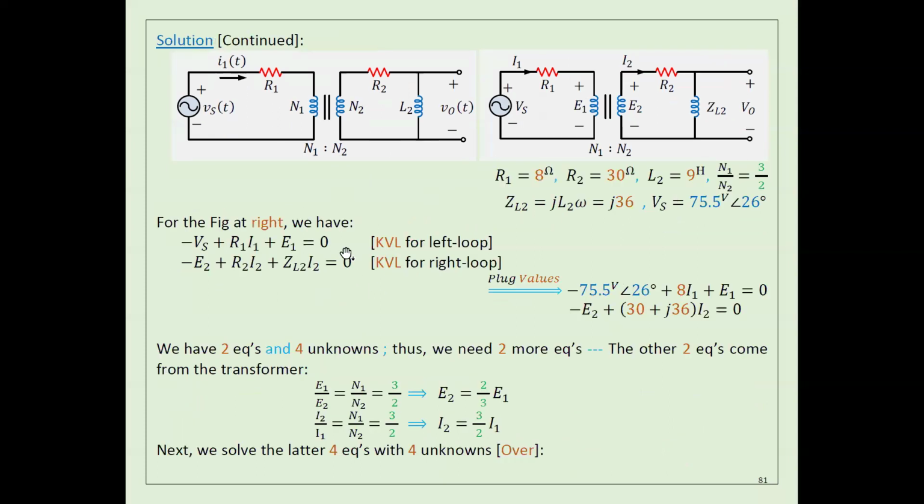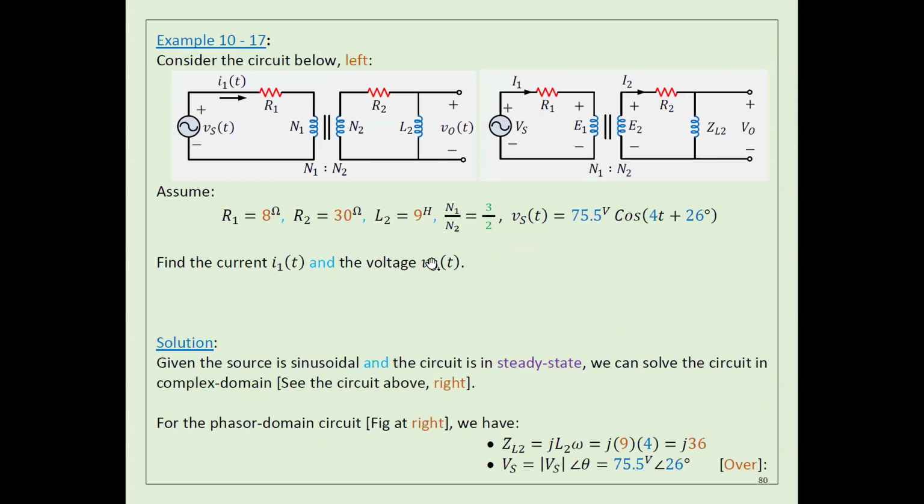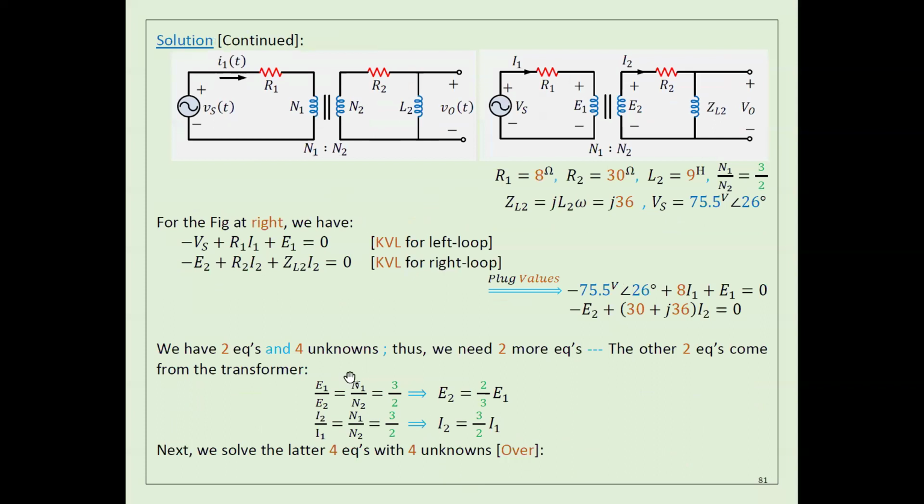Number one, you already have two equations: E1 divided by E2 equals N1 over N2. In this kind of problem, I have to give you N1 and N2, or give you the ratio. And you have I2 divided by I1, so between the two circuits I know the relation between I1 and I2, E1 and E2. Then you can apply Kirchhoff voltage law on each side, and just solve for whatever you want. Any question?